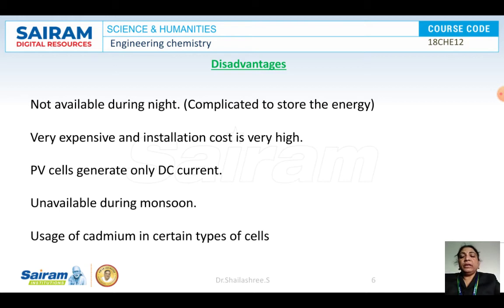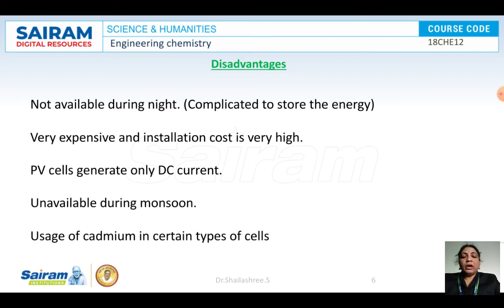One important point about the solar cells is that they will be one of the best sources of available renewable energy for the future. Like we were discussing in the previous classes, once the fossil fuel is completely exhausted, we have to go for some alternatives. That's why we are discussing all these topics in this chapter: we are looking for alternate energy sources.